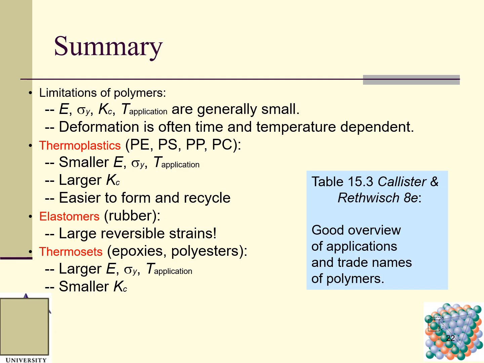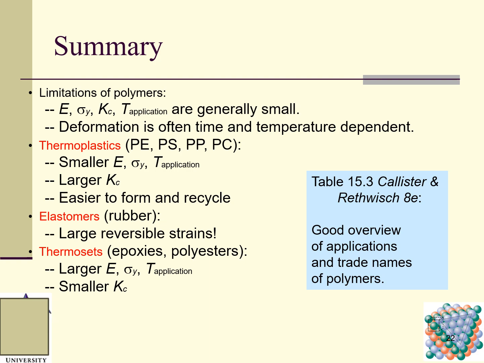Thermoplastics have smaller Young's modulus, yield strength, and operating temperature, and larger Kc because they are ductile, so the critical stress intensity factor is usually high, and they are easier to form and recycle. For elastomers, rubber, large reversible strains. So this is very cool.